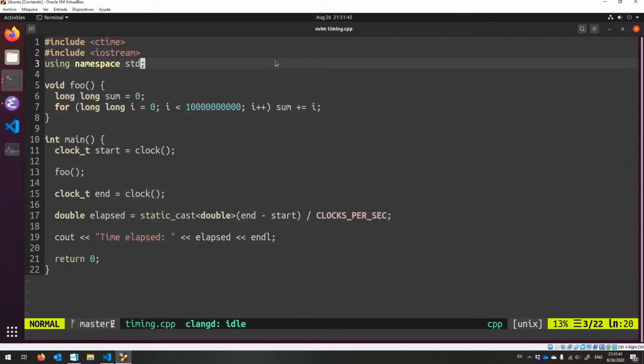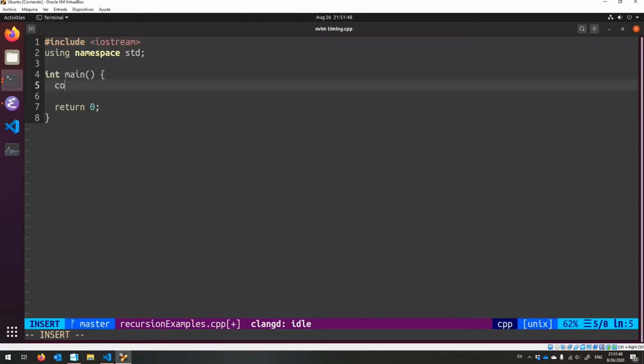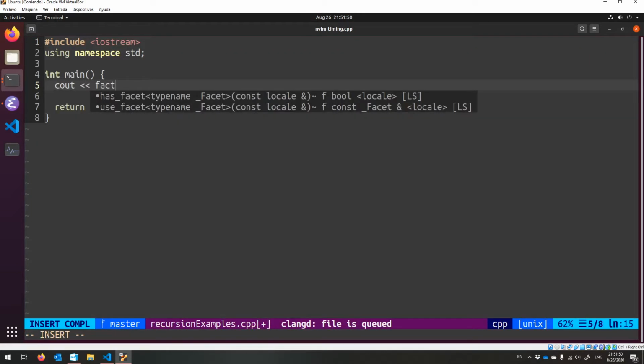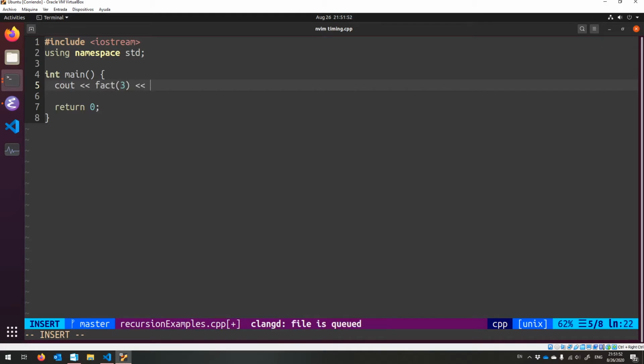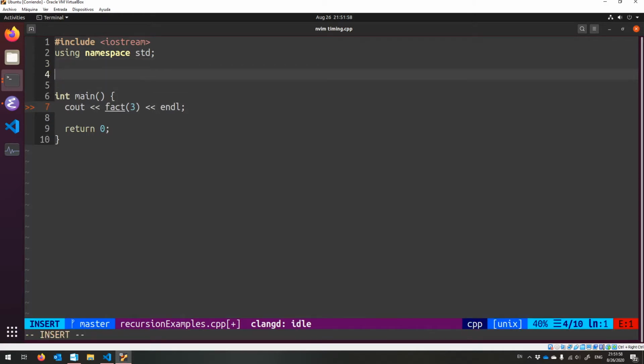So I'll do recursion examples. So I'll make my function called fact. It returns an integer and it takes an integer.